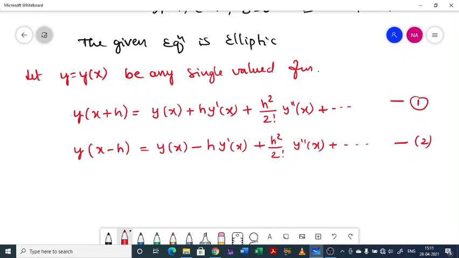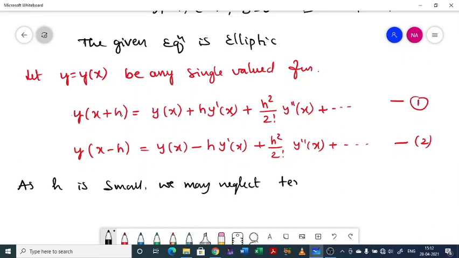Now from equations 1 and 2, as h is a small quantity, we may neglect terms containing h square, h cube and so on, since h square, h cube, h power n are much smaller than h.